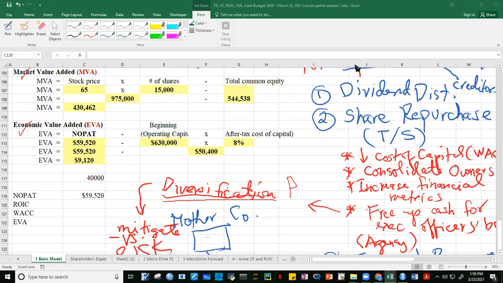Any suggestion, guys? We need to determine the economic value added, yung EVA natin.